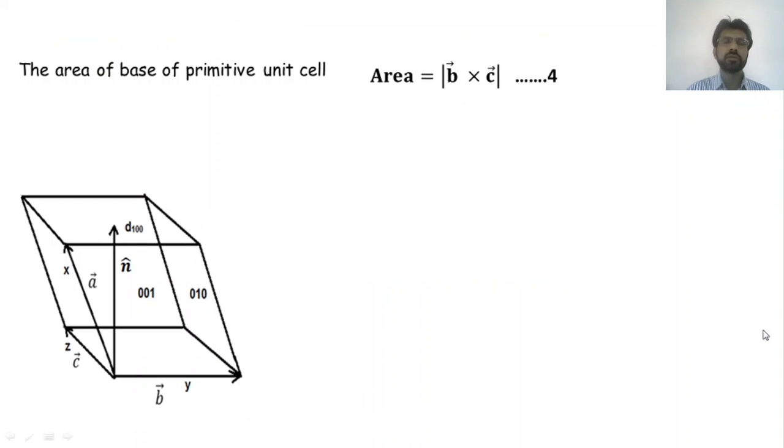Now we can obtain the area of the base of the primitive unit cell, and the base of the primitive unit cell is nothing but the cross product of the vectors b and c.